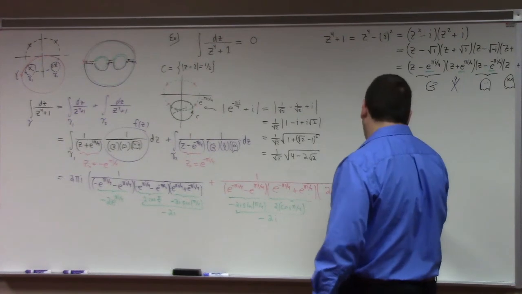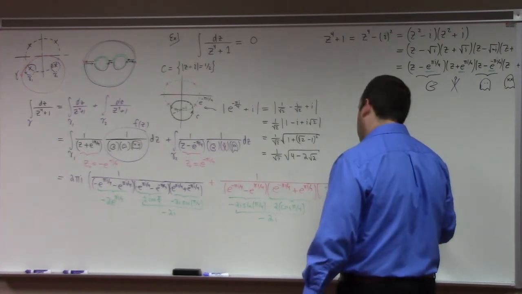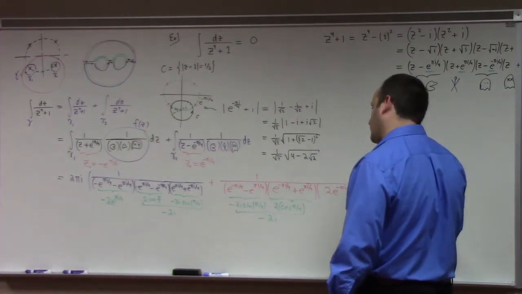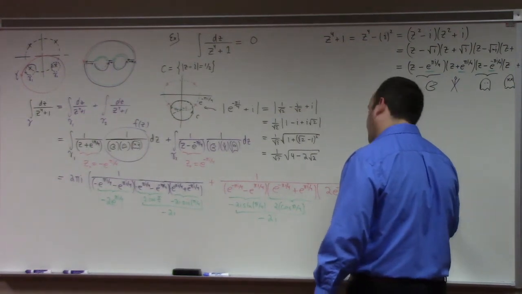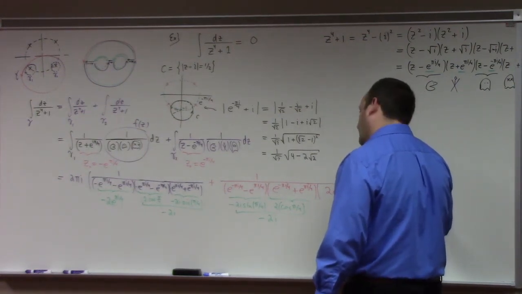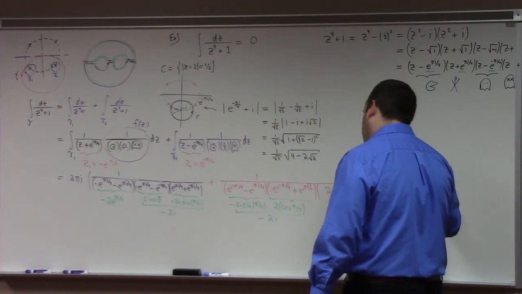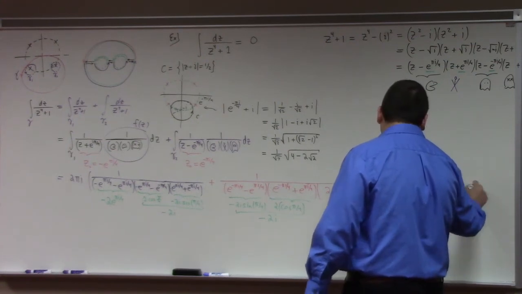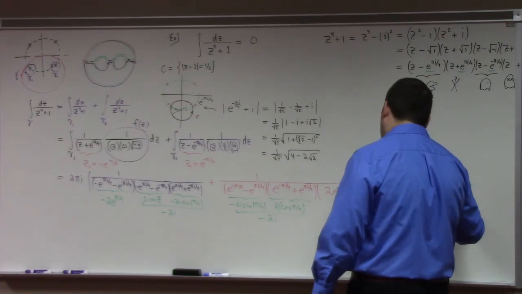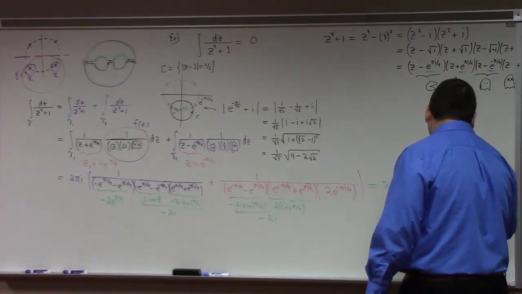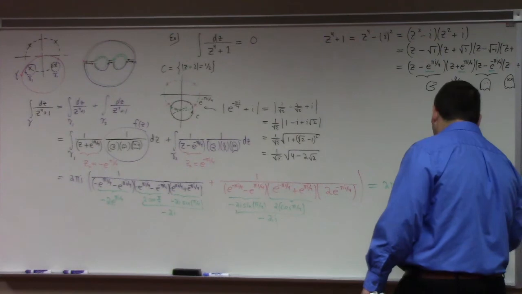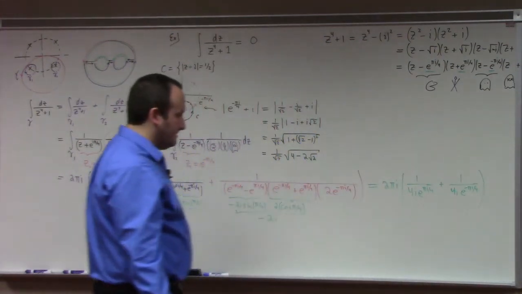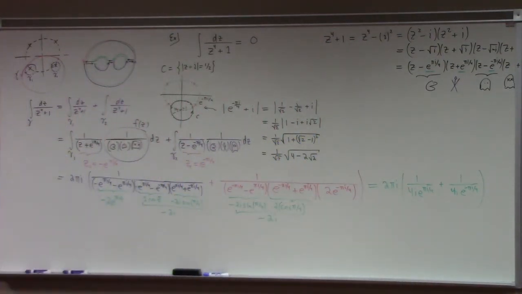So what we have is 2 pi i times 1 over 4i e to the pi i over 4 plus what? 1 over 4i e to the minus pi i over 4. If you disagree, let me know.